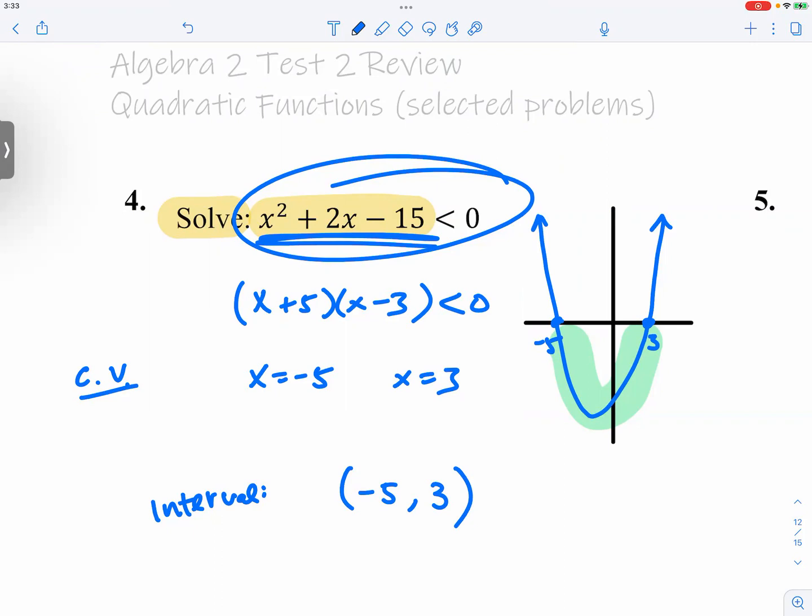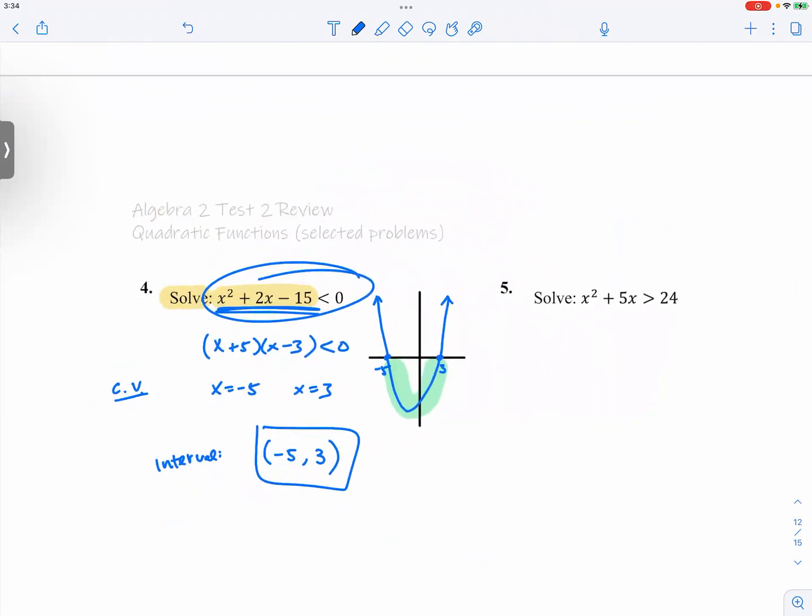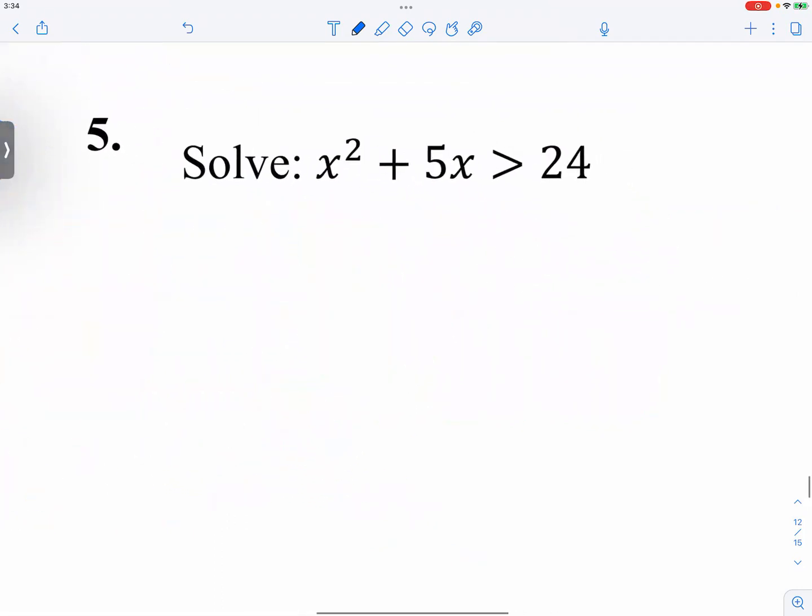We want things that are less than 0. Can you read this and not be confused with a point? This is interval notation, because we have quite a lot of numbers that would make the statement true. It is impossible to list out all the numbers, so we use interval notation to express it.